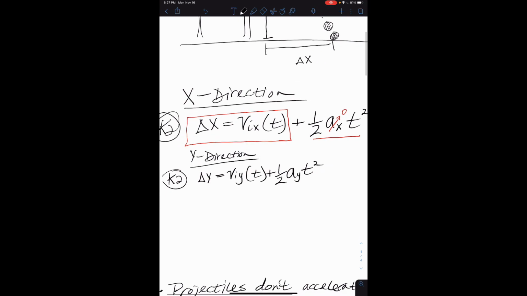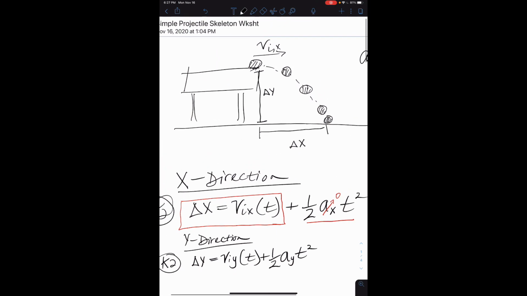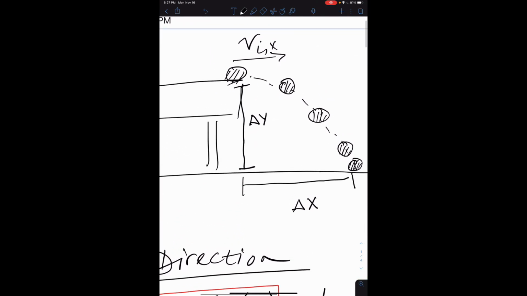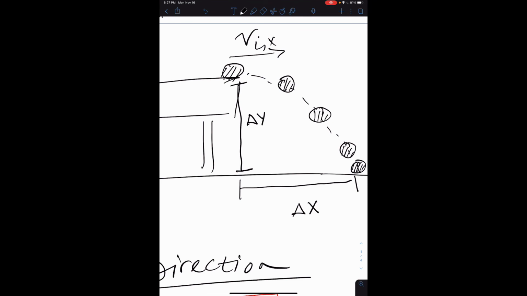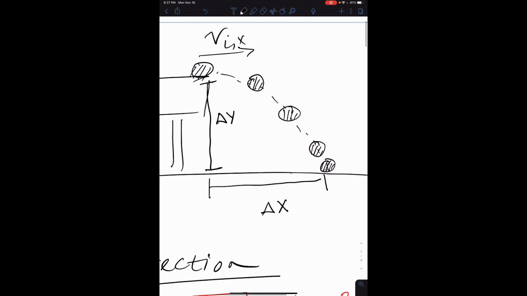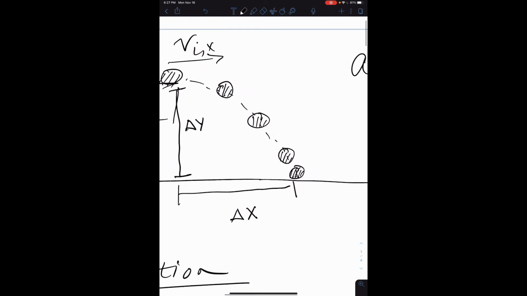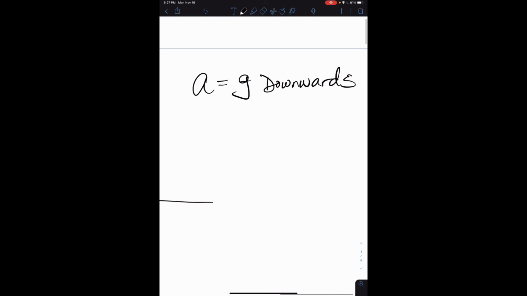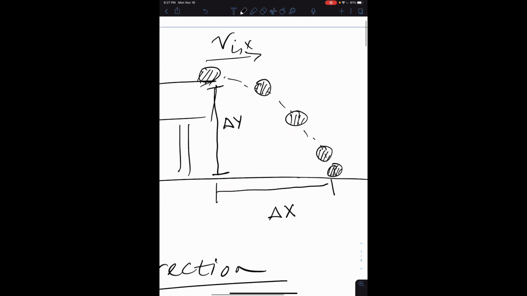All right. Now, if we go back up and look at this motion, and the reason I call it simple projectile motion is because we don't have any initial velocity in the y direction. Notice that it's all about the marble when it leaves the table, right? We're interested in when the marble's in the air and has a constant acceleration of g downwards. So the VIY is 0 here.